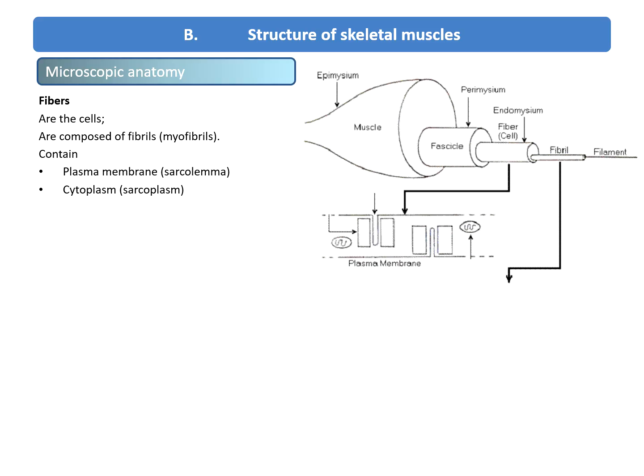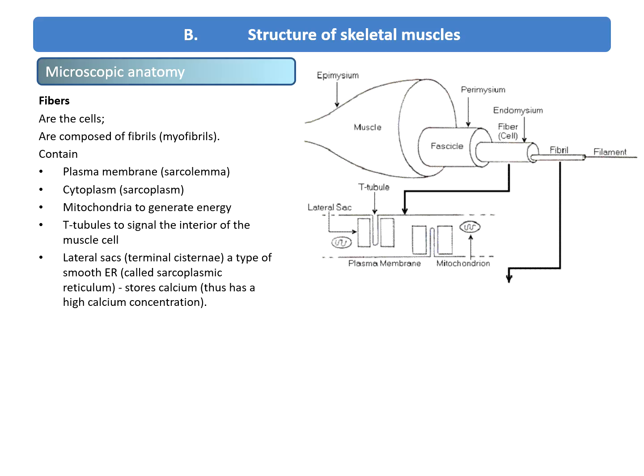Cytoplasm, or sarcoplasm; mitochondria to generate energy; T-tubules to send signals to the interior of the muscle cell; and lateral sacs, also called terminal cisternae. This is a type of smooth ER. They store calcium, and so they have a high calcium concentration.